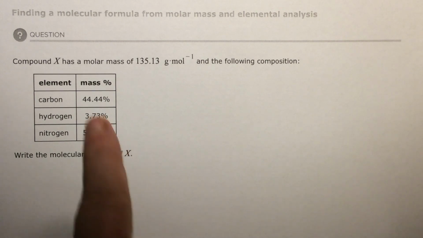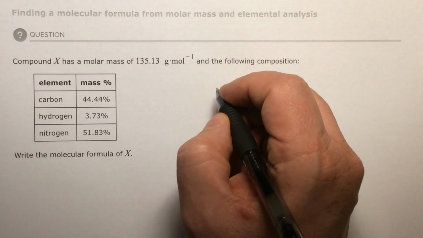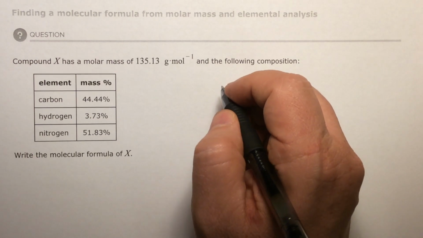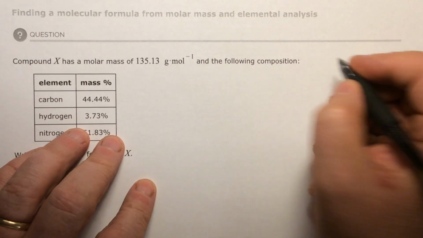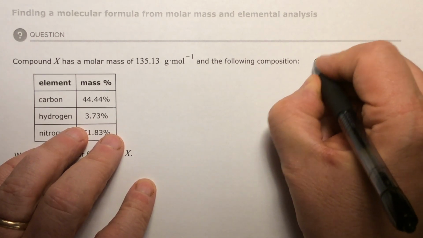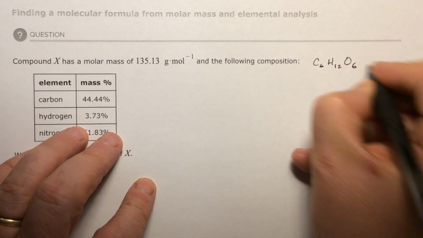They're asking here for the molecular formula. Let me give you an example of an empirical formula and a molecular formula. The molecular formula is what the molecule actually is. So, for instance, if we take a molecule of sugar, sucrose, it would be C6H12O6.